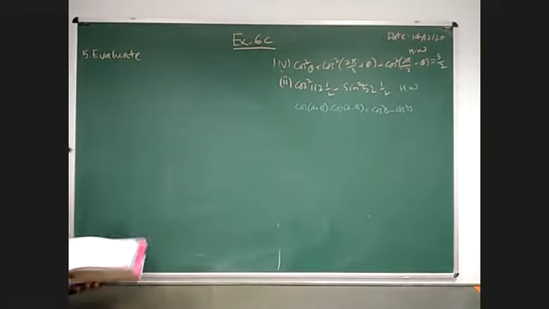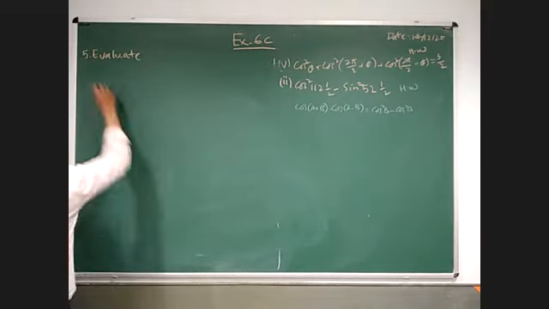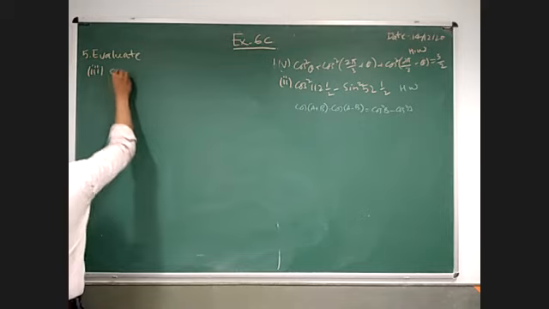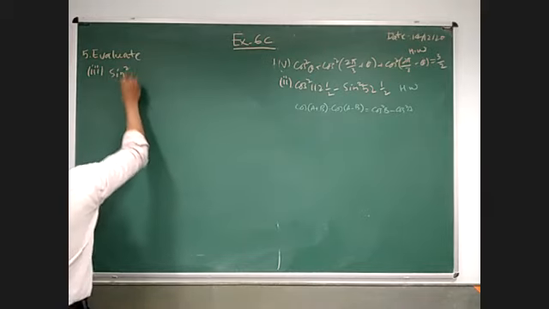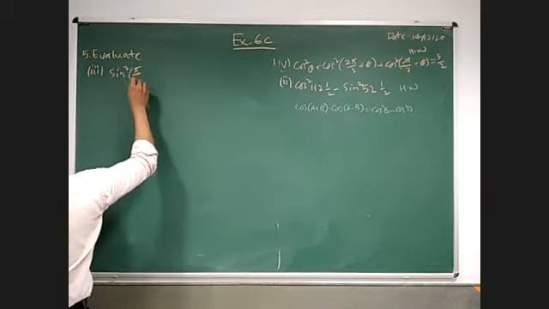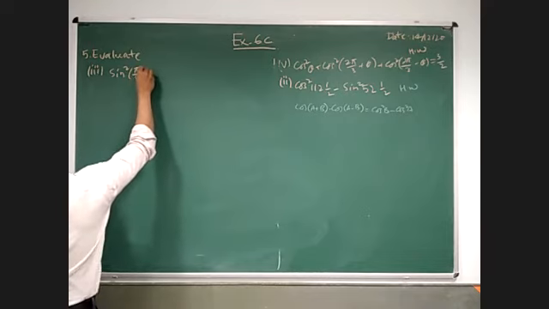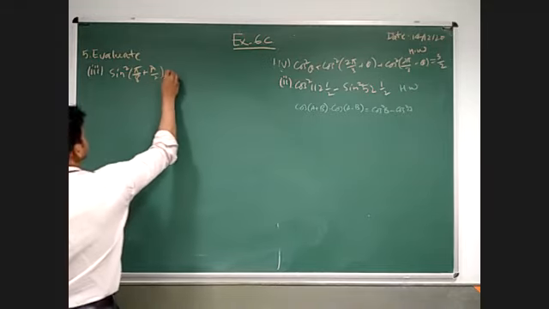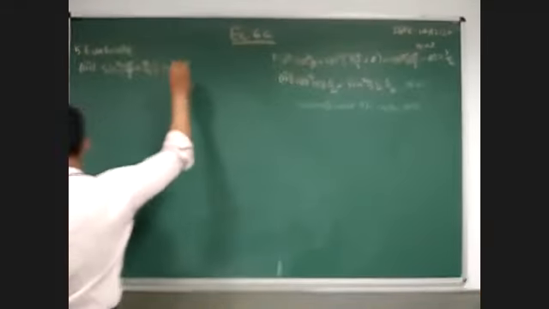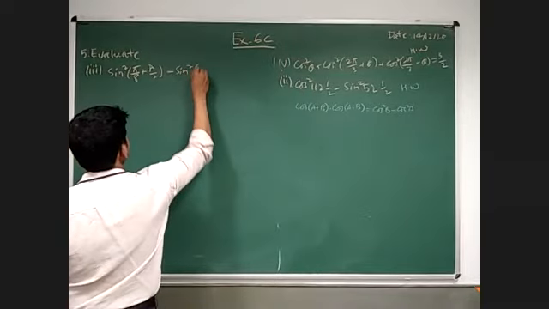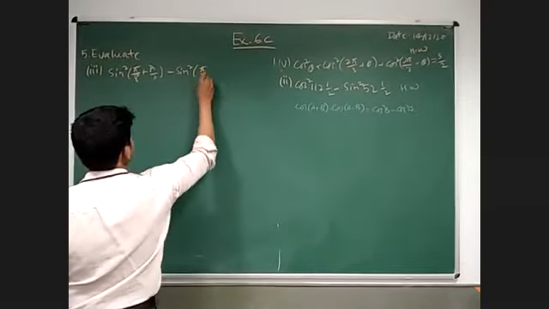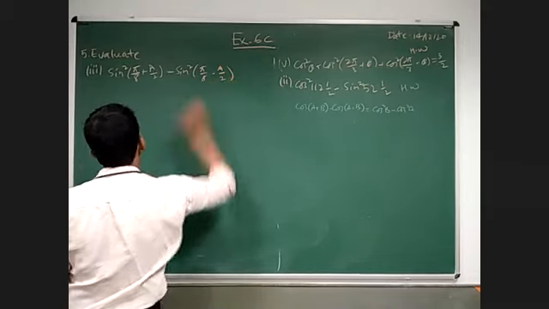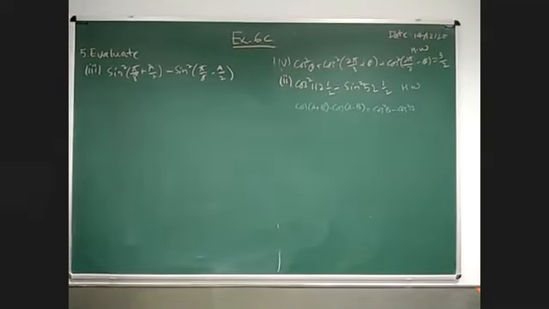The third question, that is sine square (pi by 8 plus A by 2) minus sine square (pi by 8 minus A by 2). We have to evaluate this term.